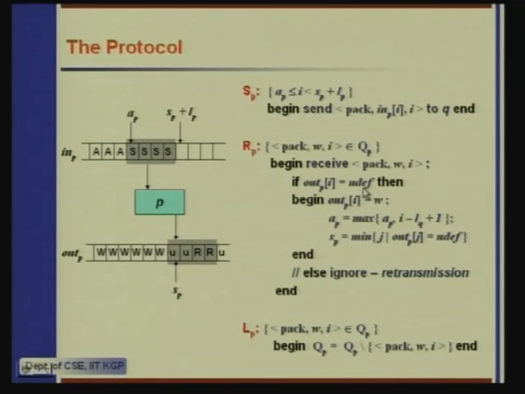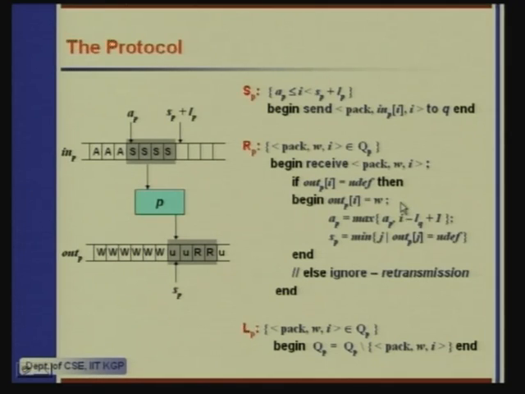If it is not undefined, then this packet is a retransmission, it is receiving it for the second time, so it will ignore. But if it is undefined, then this packet is being received for the first time.